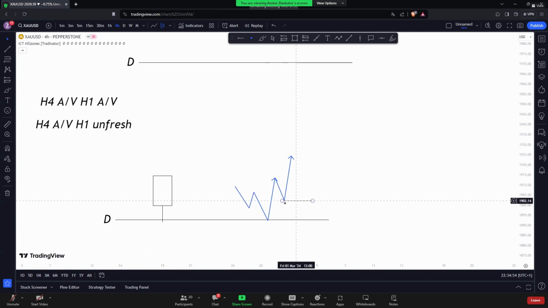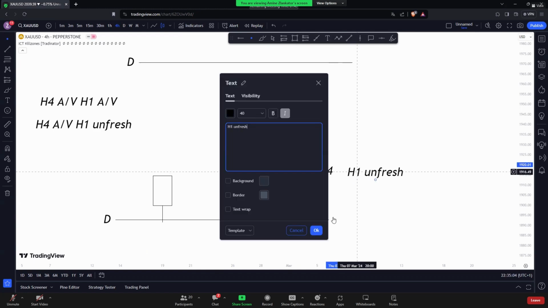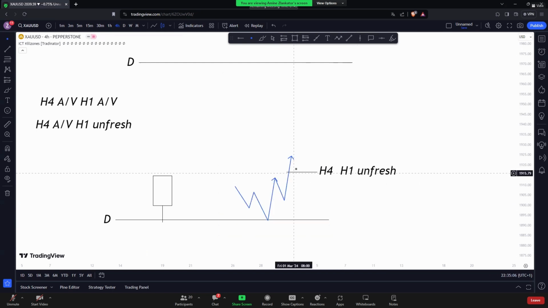So let's say here you have your H4 right here, and then on H1, it is not fresh, it's unfresh. Since you're going to buy, is your refinement going to be higher or lower? It's going to be lower. So you're going to look for the next fresh H1.